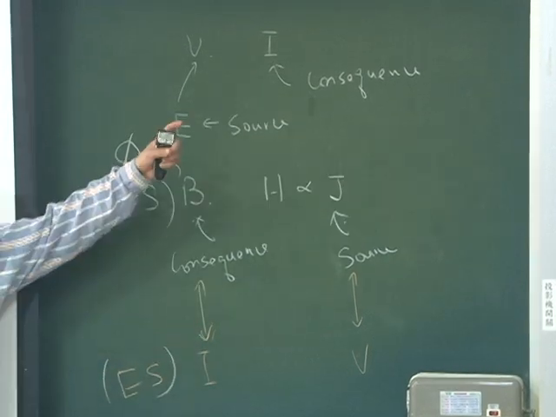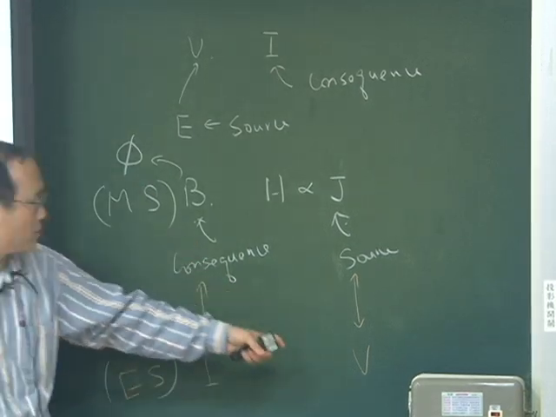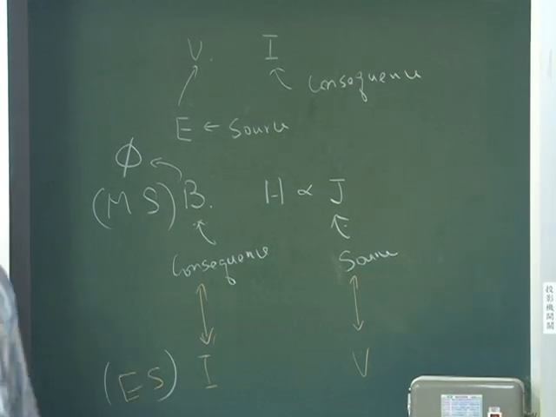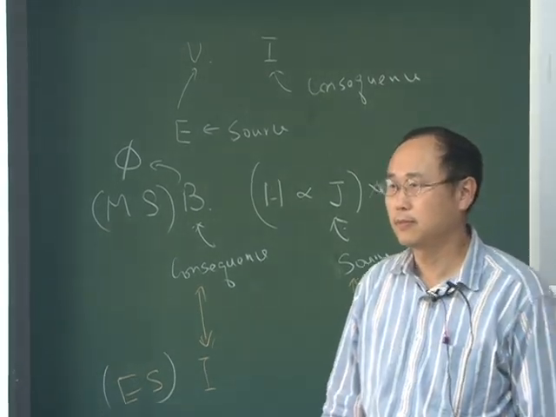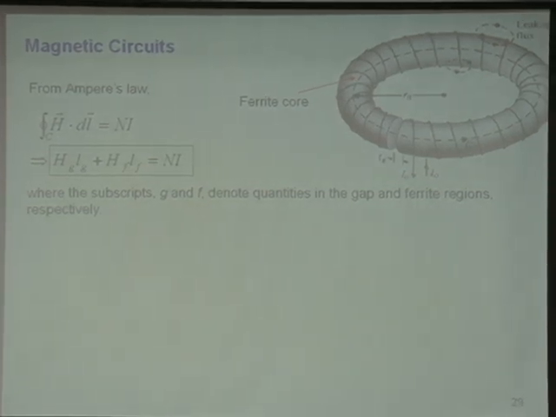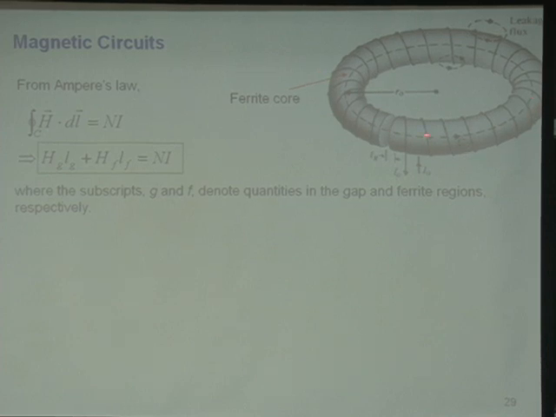So the current in the electric circuit corresponds to phi here, and the voltage in the electric circuit corresponds to the current here. OK, sometimes you have N turns of current there, so let's look at an example. OK, suppose that you have a toroid like this, and then you have magnetic flux going as a loop inside this toroid, and you apply a current into this coil to generate this magnetic field, magnetic flux inside.